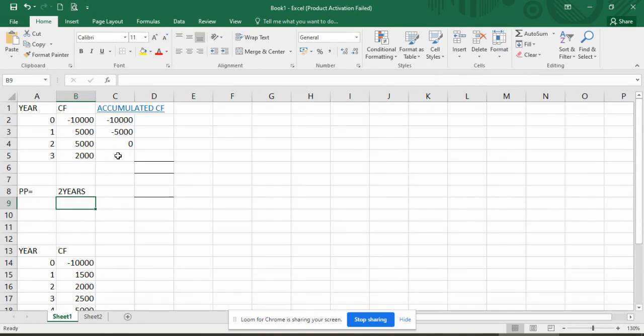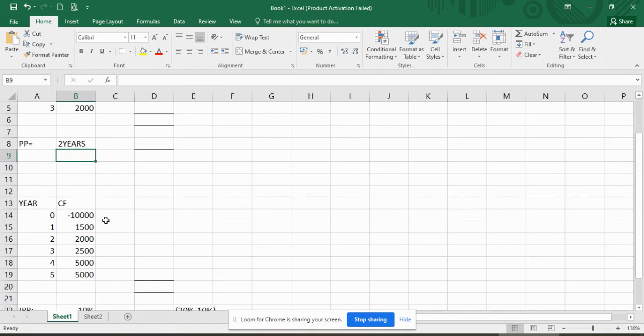See, class, you don't need to continue, because you need to calculate at which point you exactly get back your initial investment. Since you have already recovered in year two, that's it. You stop your calculation there itself.